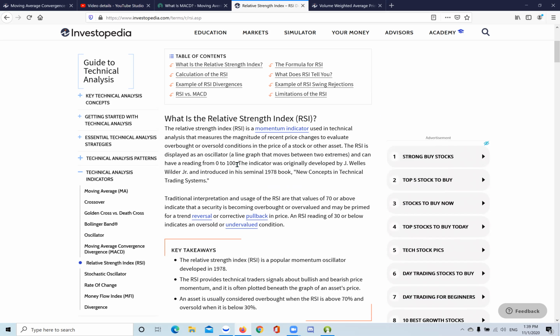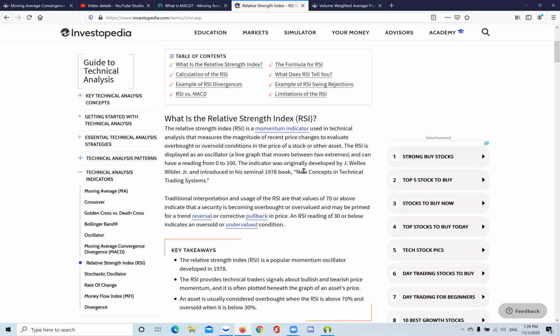The RSI is displayed as an oscillator, a line graph that moves between two extremes and can have a reading from 0 to 100.